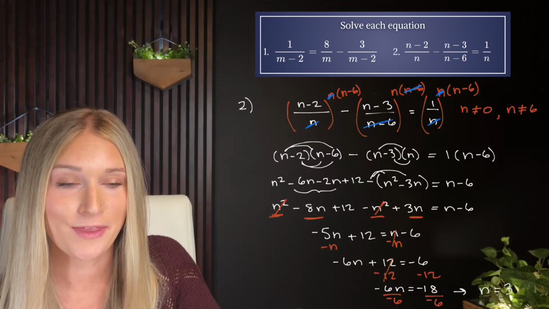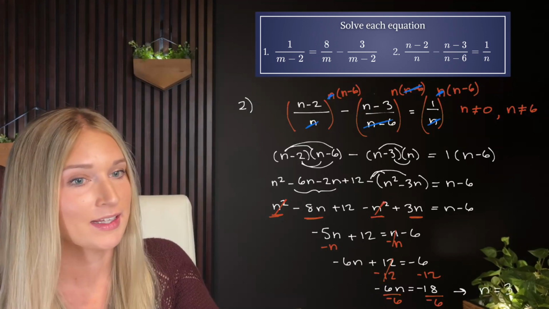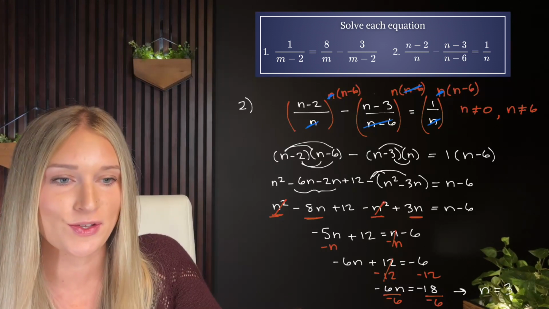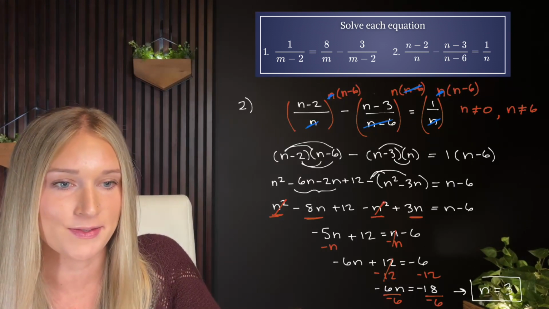N equals 3, which again doesn't violate any of my domain restrictions, so that means that this is my solution.